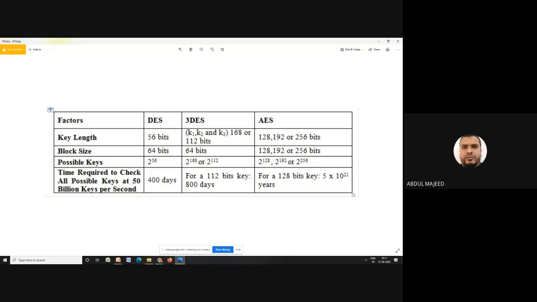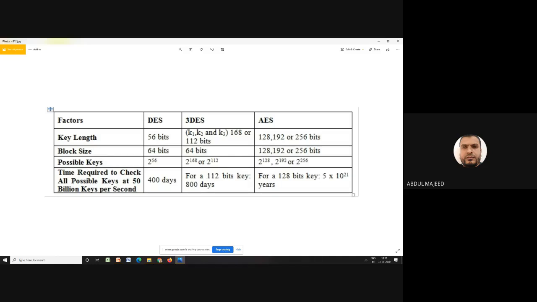Last used in 2017, right? AES was also available at the time of DES, but they recommended DES only. After that, AES improved the key size to 192 or 256, meaning security increased, right?